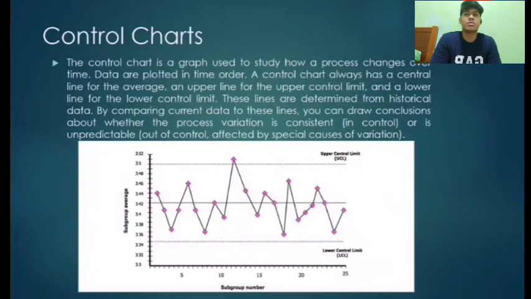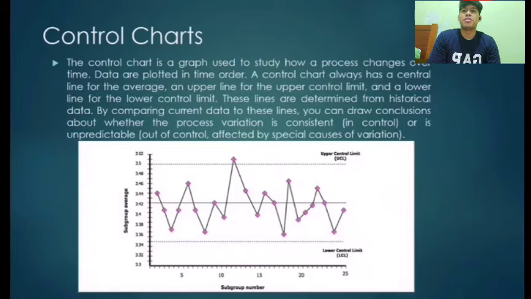Statistical process control or the SPC. SPC is a method of quality control which employs statistical methods to monitor and control a process. So this helps to ensure that the process operates efficiently. So next, we have some additional techniques for process design and improvement.